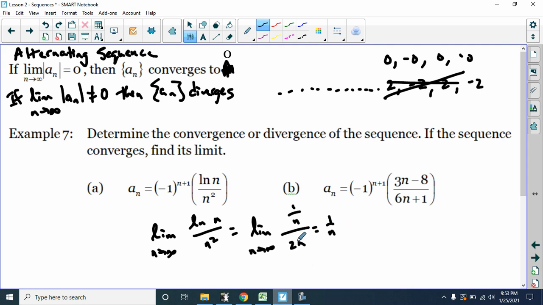One over n divided by 2n would be 1 over 2n squared. As n goes to infinity, the degree is bigger on the bottom, so this goes to 0. With an alternating series, or alternating sequence, it only converges if it is going to 0.